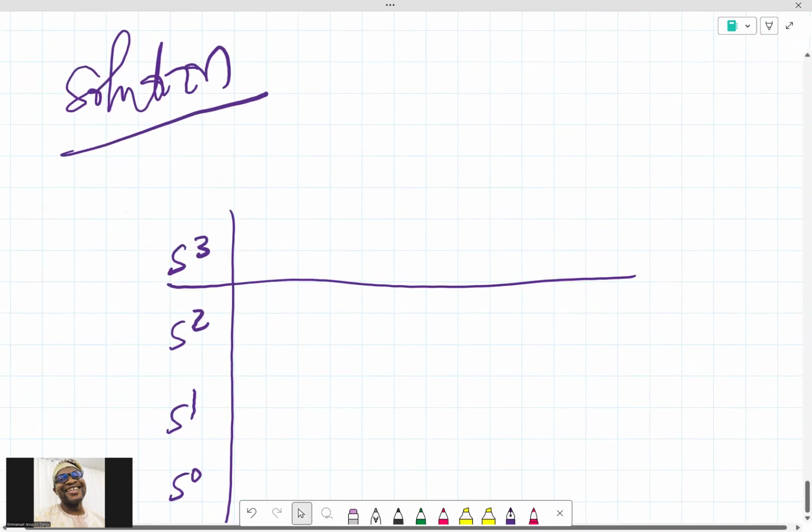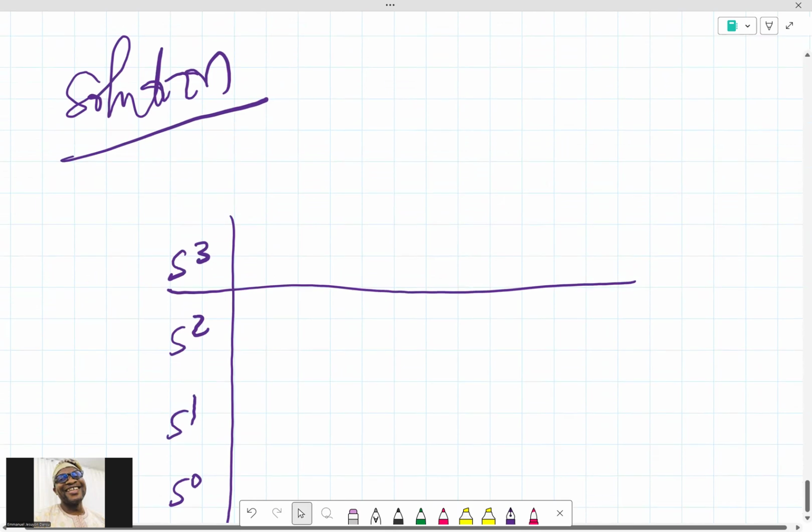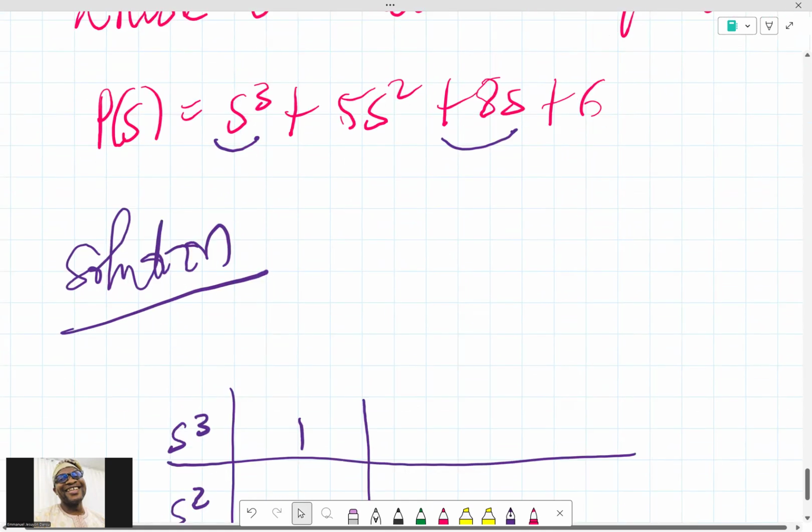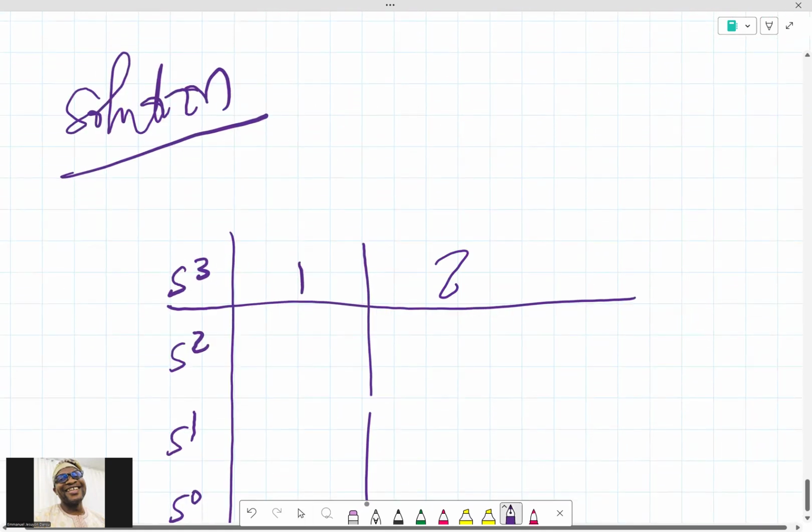So the first one here, the coefficient of s^3 is 1, and that's for the first column. For the second column, you have the coefficient of s, that is 8.